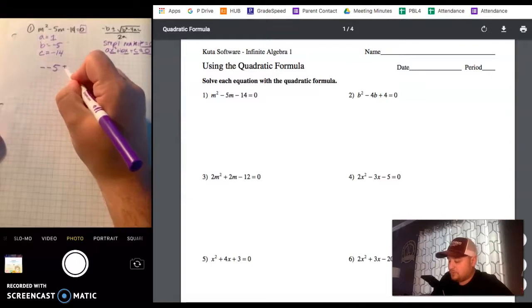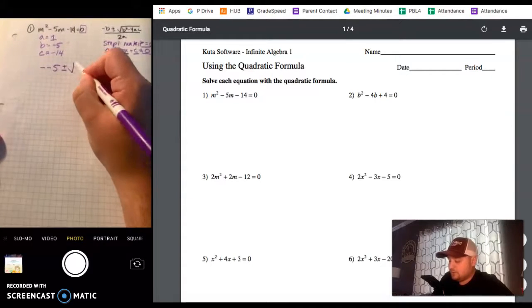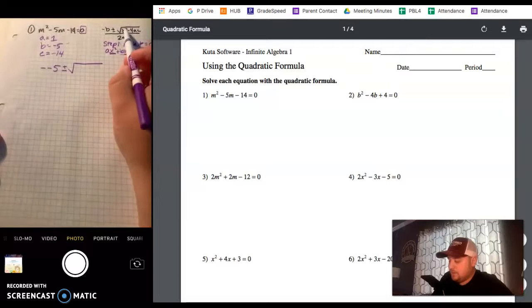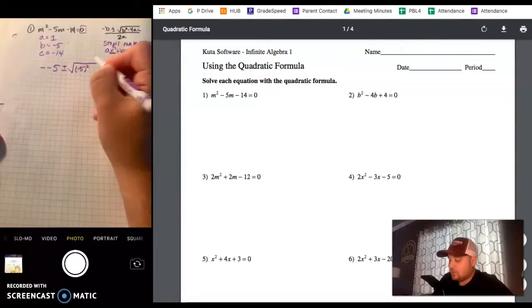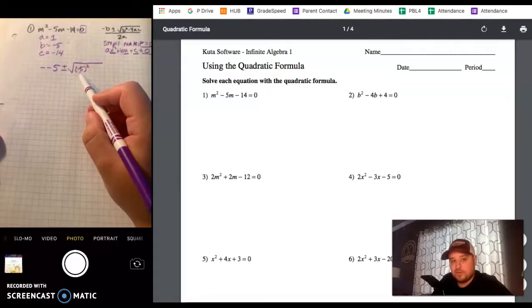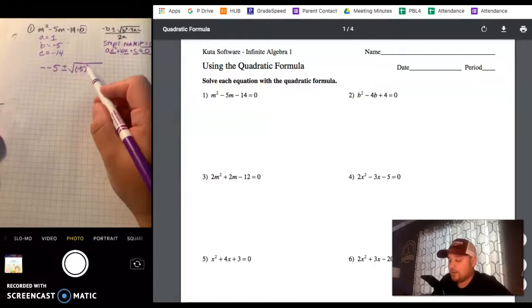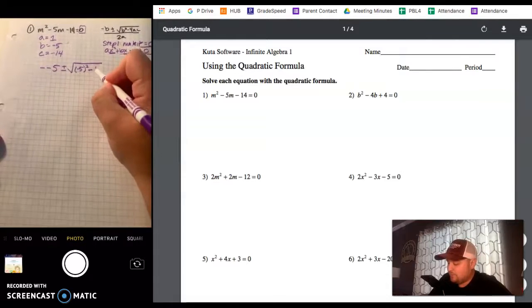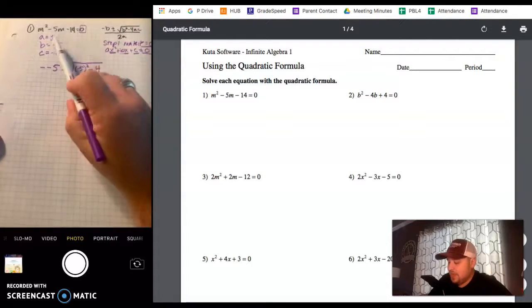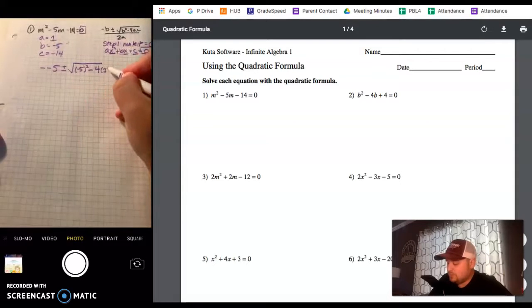Then I've got plus or minus the square root sign. Then b squared, so that's going to be negative 5 squared. Putting that in parentheses is important because it's going to matter when we actually square that number. And then we've got minus 4 times a, which is 1, times c, which is negative 14.